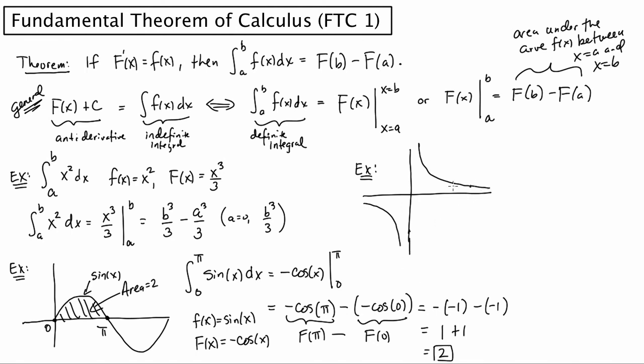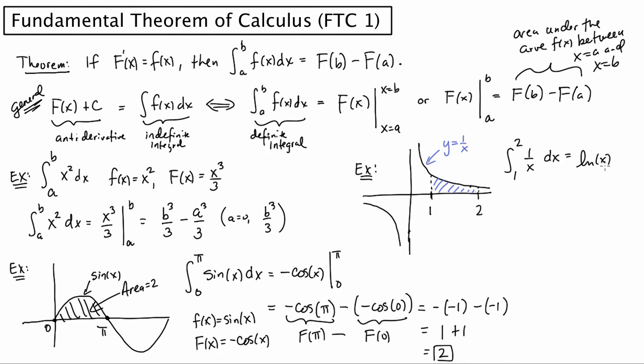And suppose I wanted to find the integral between 1 and 2. So I wanted to note the area under the curve. So I wanted to find this area. This is the function 1 over x, and I wanted to find the area under it between 1 and 2. Well, by the fundamental theorem of calculus, this is the integral from 1 to 2 of 1 over x dx, and if you remember what we said about this one, this is the natural log.